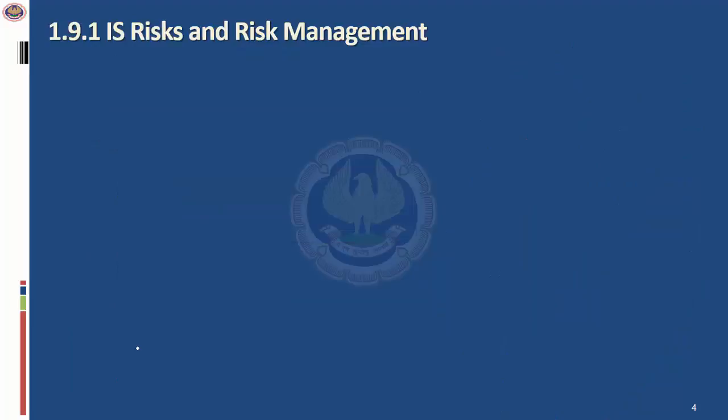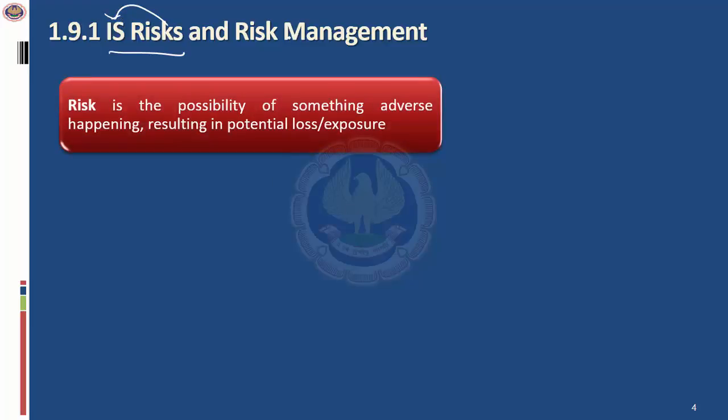Now let's get into the next aspect, where we are discussing information system risks. Information system risk refers to risk in the information systems which are used within the enterprise, which means you apply risk management to information systems. Let's first understand what risk is. Risk is the possibility of something adverse happening resulting in a potential loss or exposure.